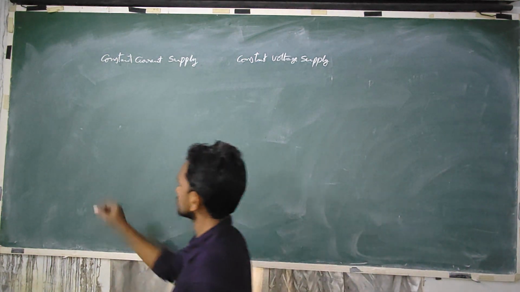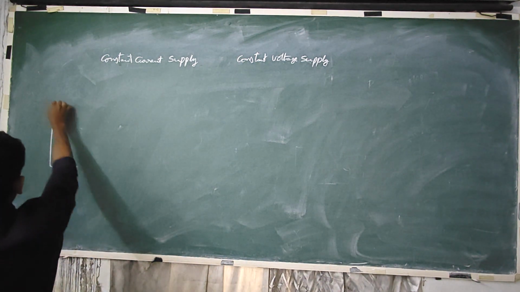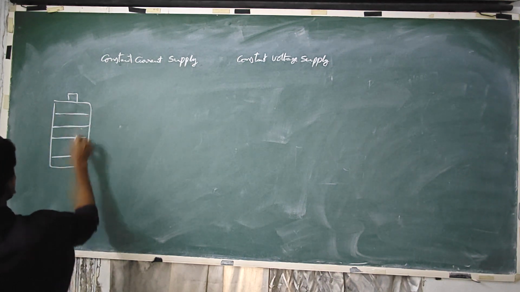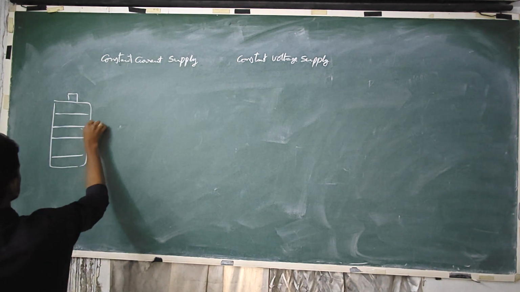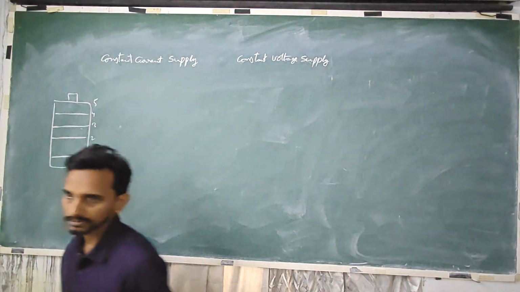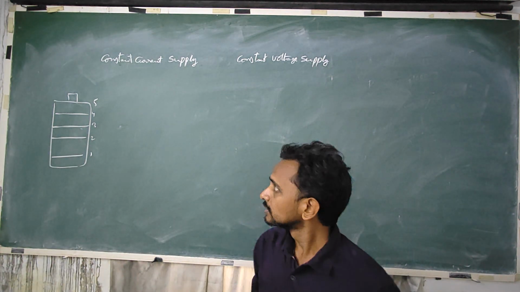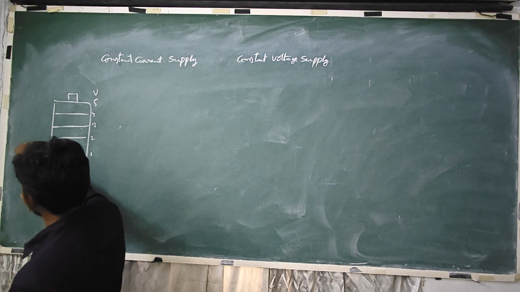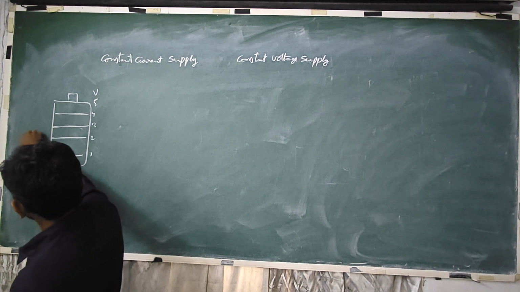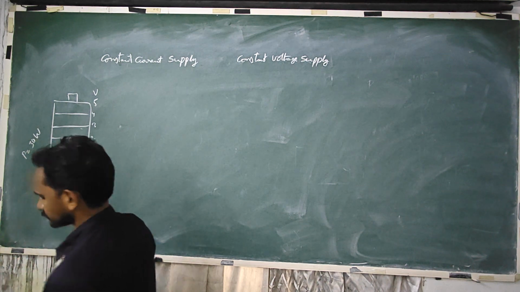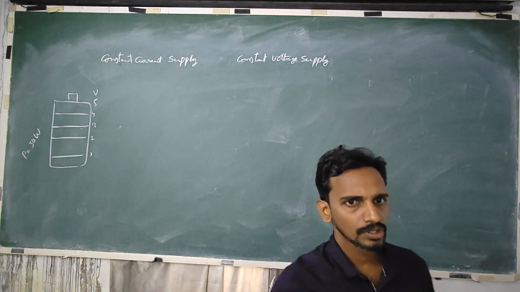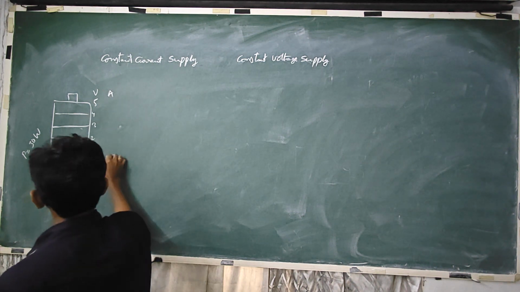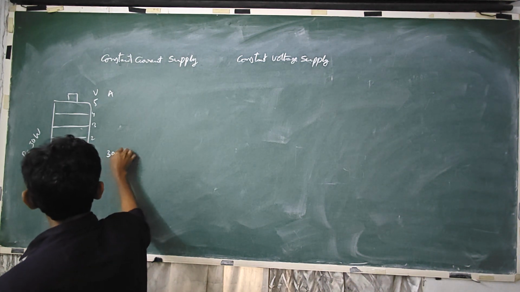So what we have seen earlier is this. So here when you keep rising the voltage, let's say power is 30 watt. So when you keep rising the voltage, here the current is 30 amperes.